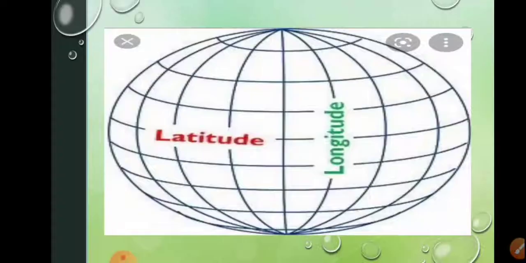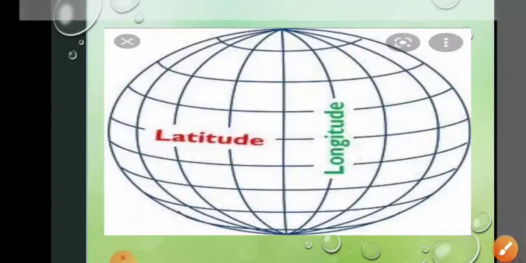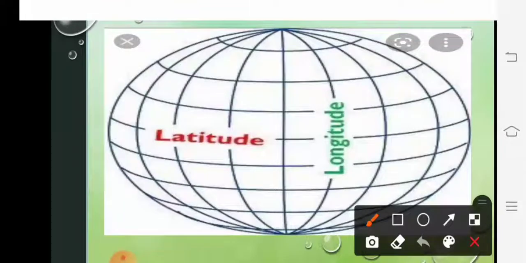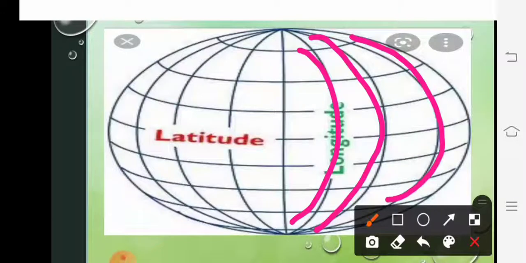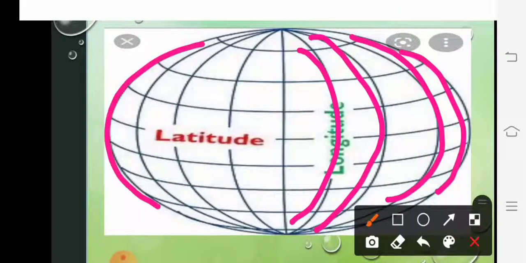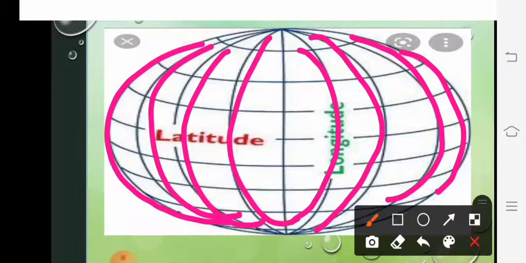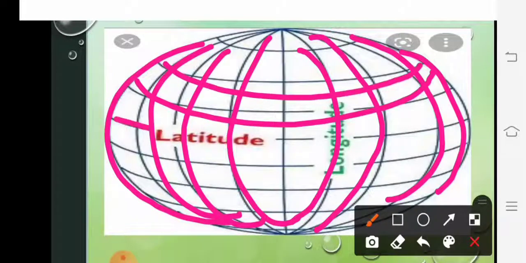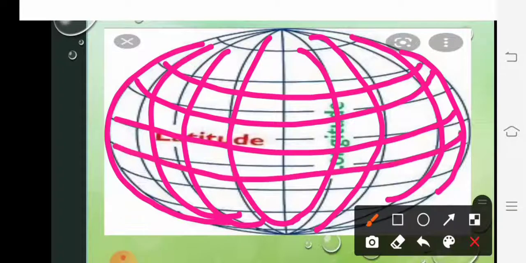Next, here you can see in this picture, children, these are the vertical imaginary lines. These are called longitude. And the ring lines like this are called latitude. The long imaginary lines are called longitude, and ring-like lines are called latitude.